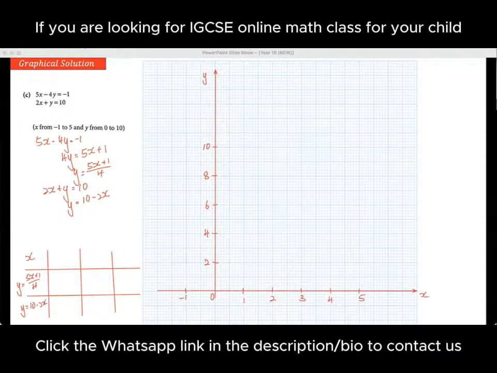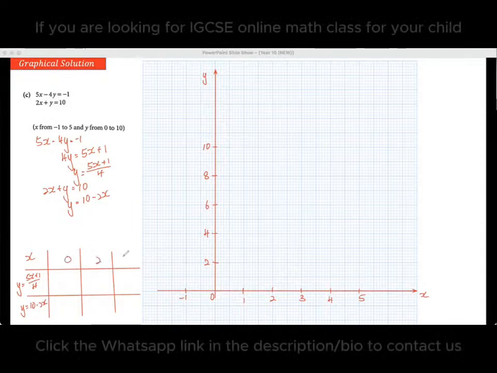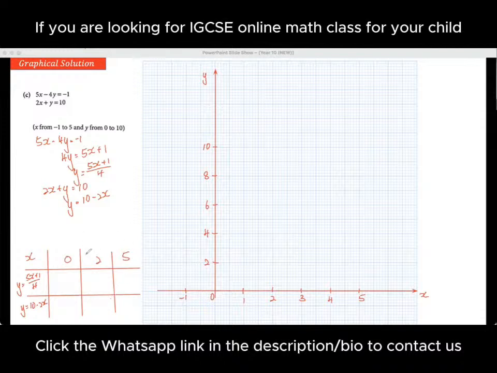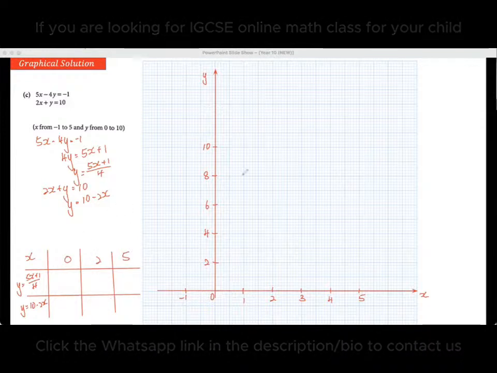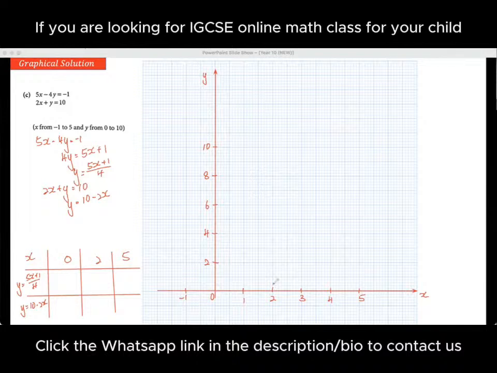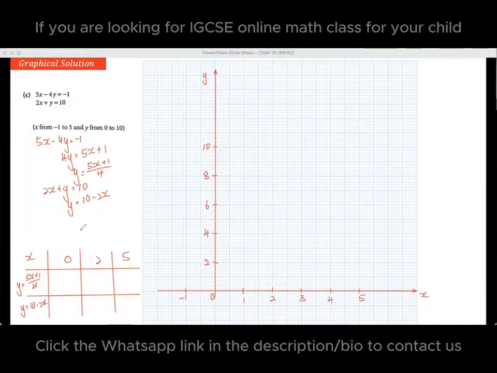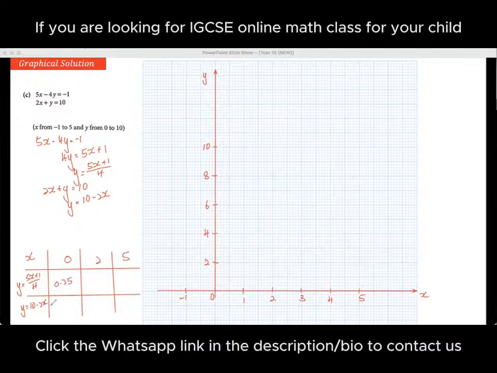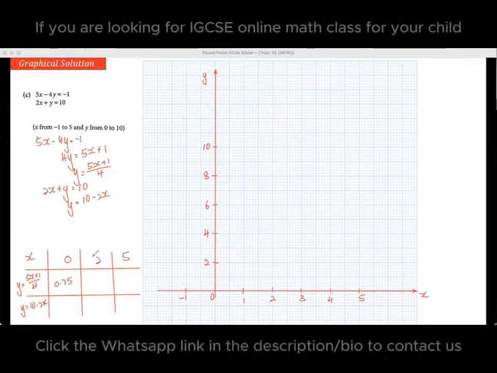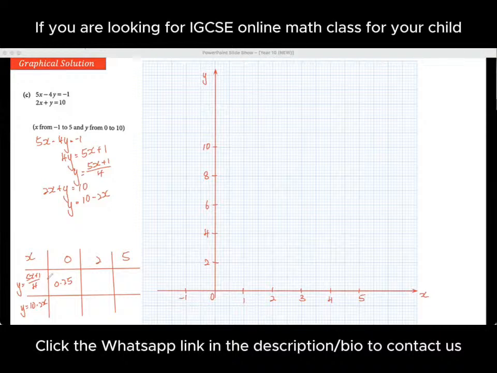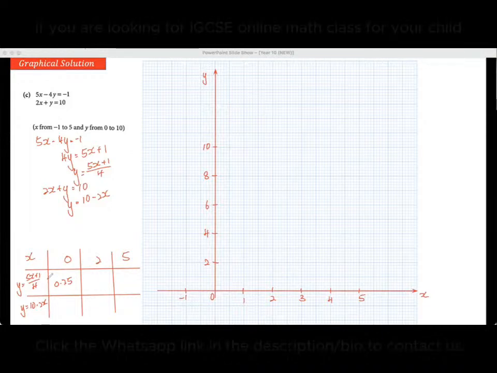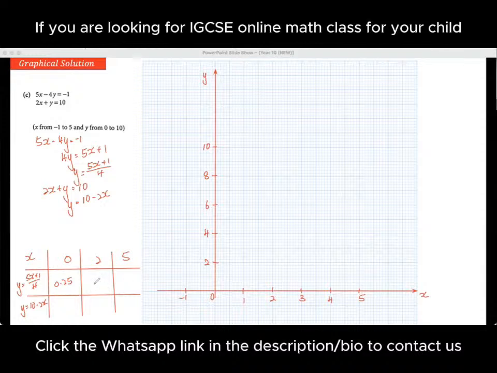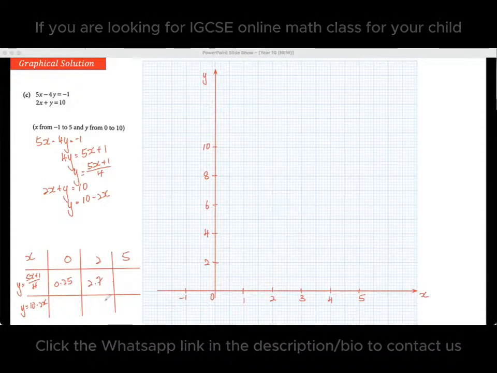So I will pick 0 to 5. So this 0, 2, and 5, all of them, the points are within the range here. When x equals 0, y equals a quarter. A quarter means 0.25. When x equals 2, y equals 11 out of 4, which is 2.75.